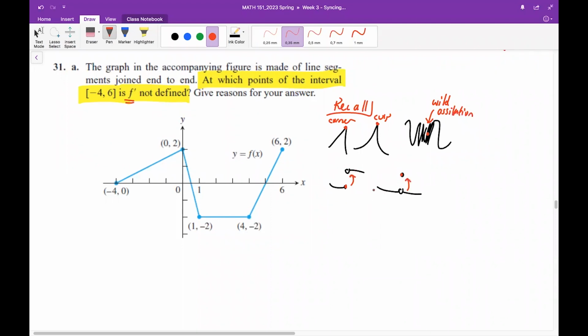So for these two, your function is not continuous because you break the graph. That's why it is not differentiable. And for these two, your function is continuous but not differentiable, okay? Here and here, not differentiable again. And here, at the wild oscillation point, not continuous and not differentiable.